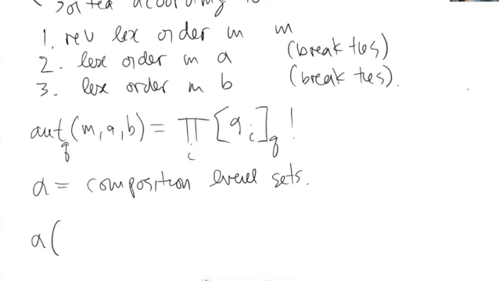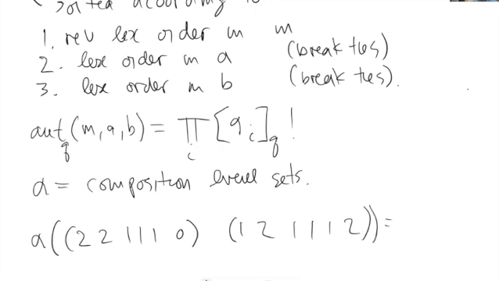Let's say I took M as 2 2 1 1 1 0, and A as 1 2 1 1 1 2. I'd be looking at the composition 1 1 3 1, because I'm breaking this up according to which pairs mi comma ai are equal.